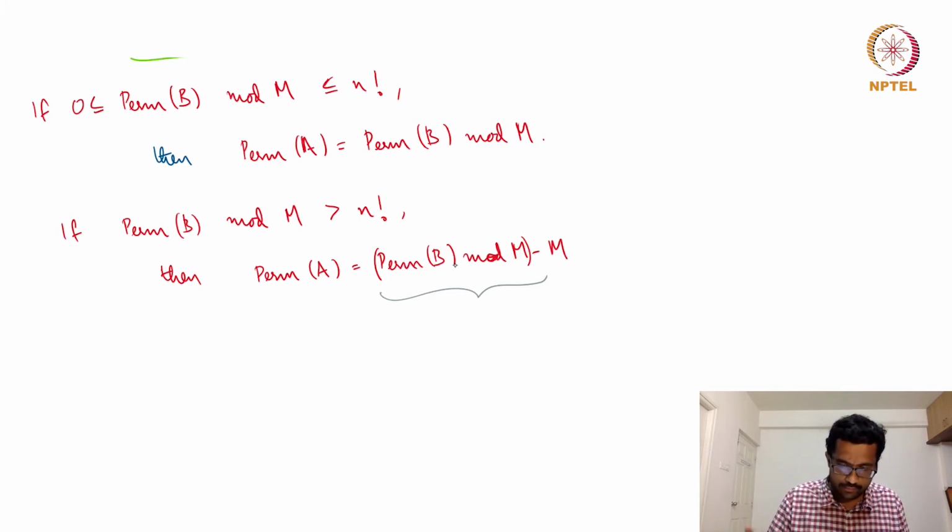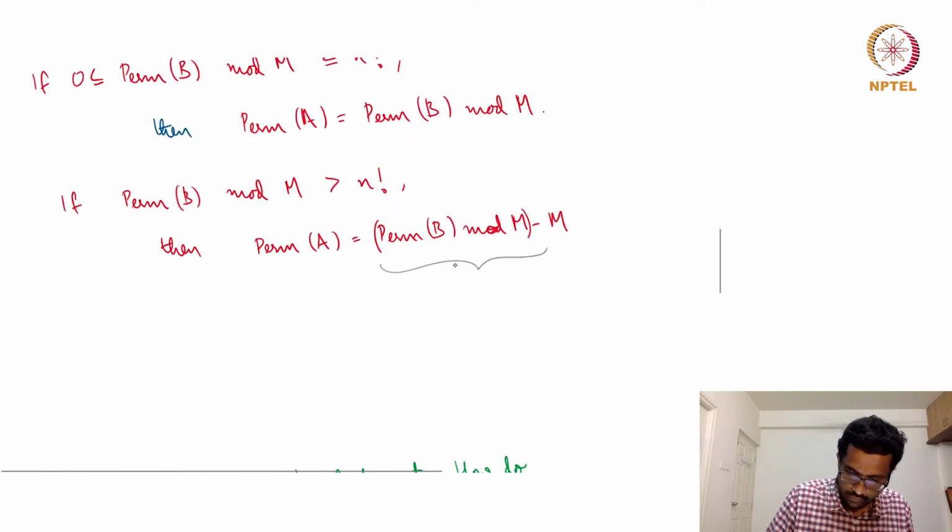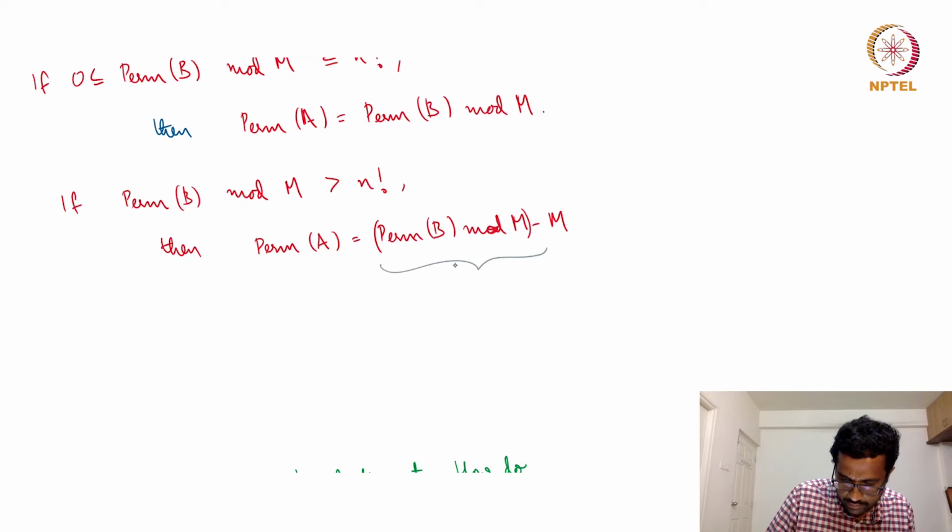And if this is n factorial plus 1, this minus m is n factorial plus 1 minus m, which will be minus n factorial, right?